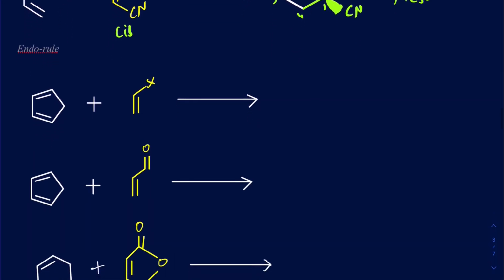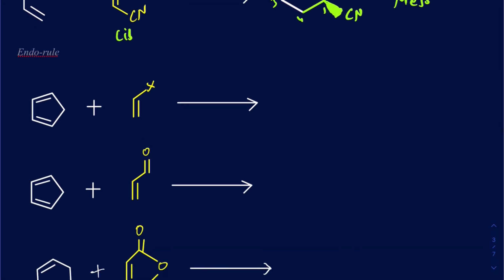Let's talk about endo, especially whenever you have these bridges. In the case of these dienes, you tend to make endo products, and here is how that's really going to work out. Let's say I have this attacking here right now, and this coming back here, and then this bond is moving to remake this pi bond.